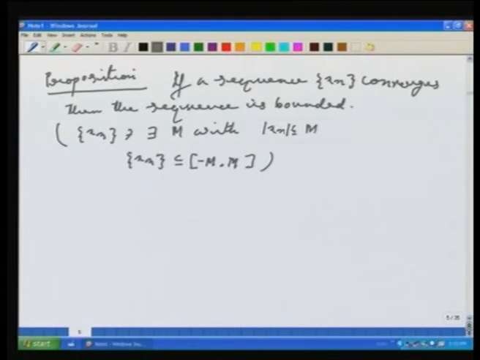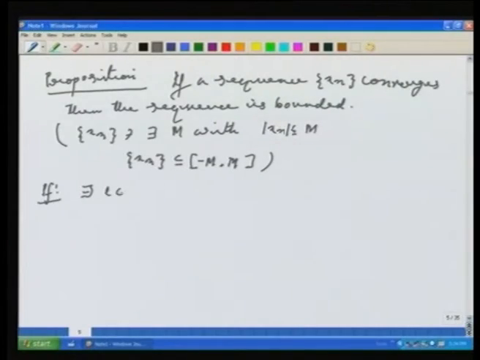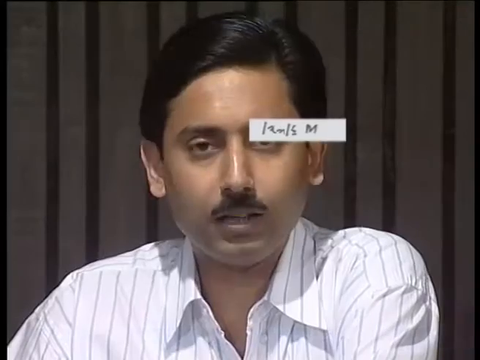Okay. Well, let us see how the proof follows. Since I said the sequence x n converges, that means there exists a real number L to which the sequence converges. So, there exists L, a real number, such that x n converges to L. Well, then I apply the definition.